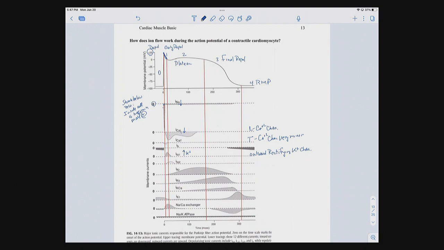Now, there are a couple of other players here that are involved. And so the next channel here is actually a chloride channel. And when the chloride channel opens up, chloride is moving in. Well, that's a negative charge moving in, which means I'm having a net positive charge on the outside.